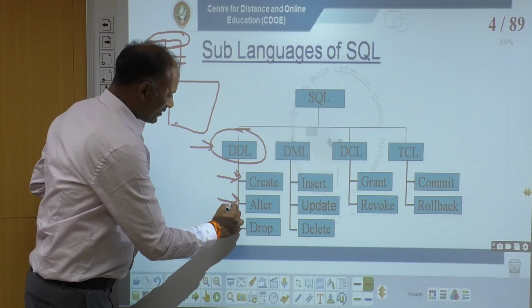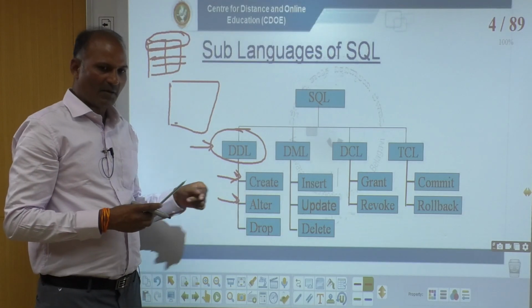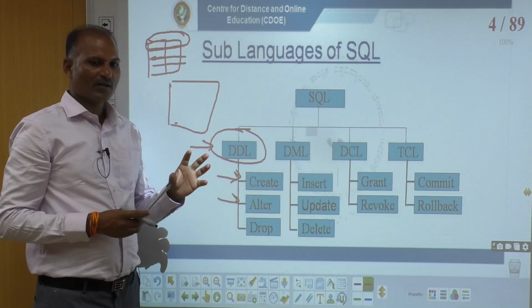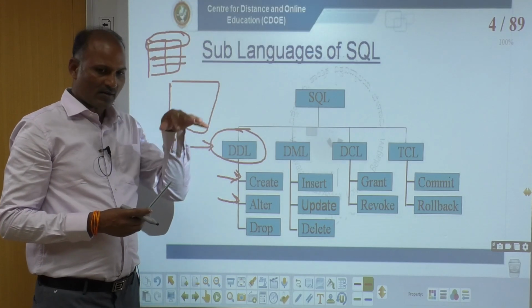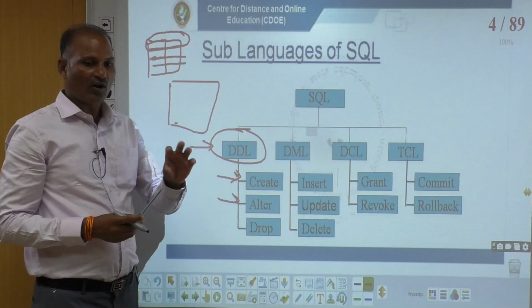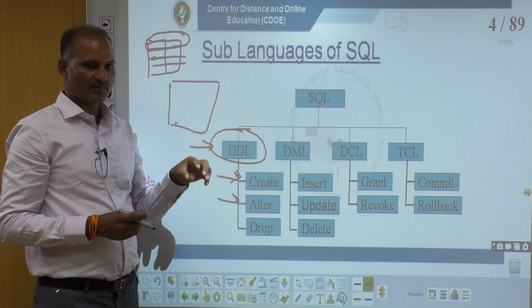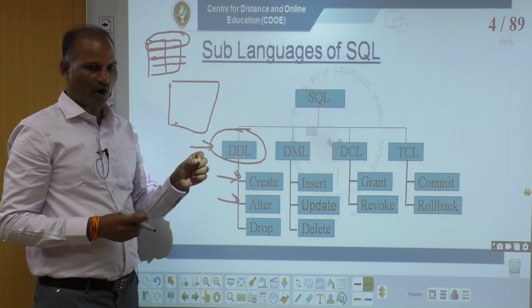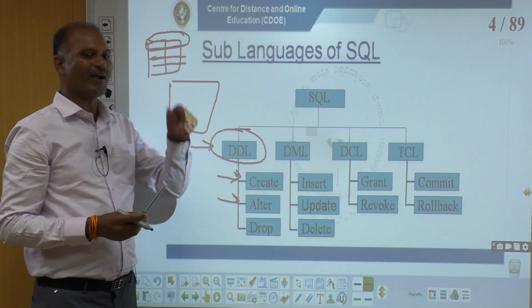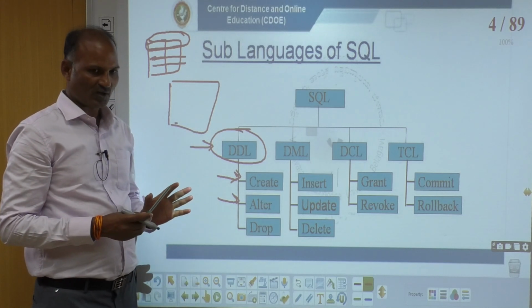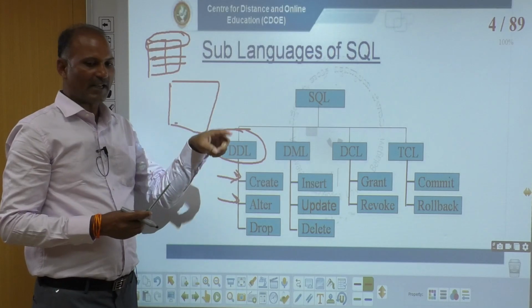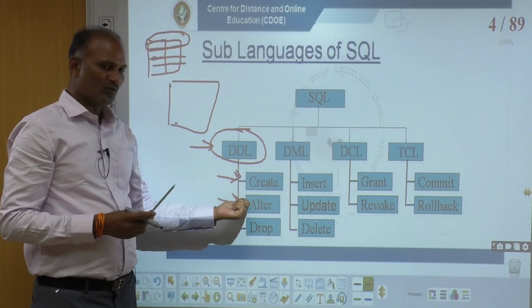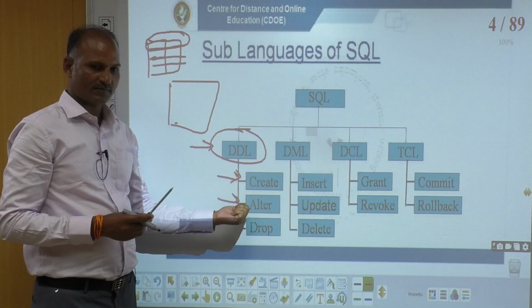Then alter. Alter is another command used to add a column, or an attribute or a field, into an existing table, or modify the type of data that you are going to store in a table.